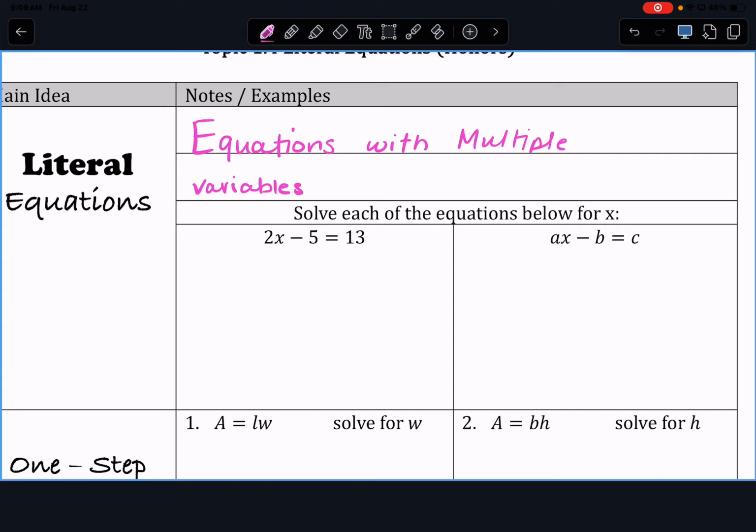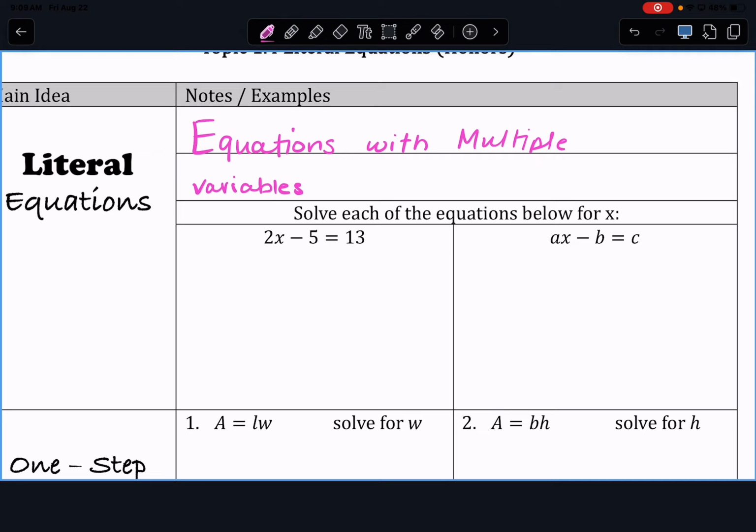A lot of times, literal equations are equations like you would see in real-world applications a little more easily, like area, because area is length times width. So it's about how you can manipulate an equation to solve for multiple different things, not just the thing it's set equal to.